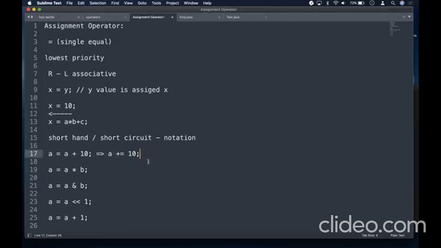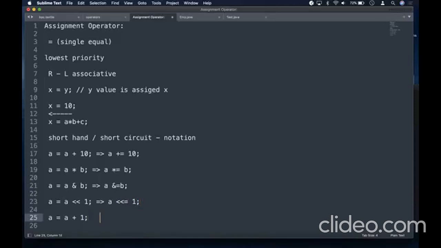This one we can write as a star equal to b. This is valid, this is the shorthand notation. And here we can say a bitwise and equal to b. This one can be written as a left shift equal to 1, so you are left shifting by 1.